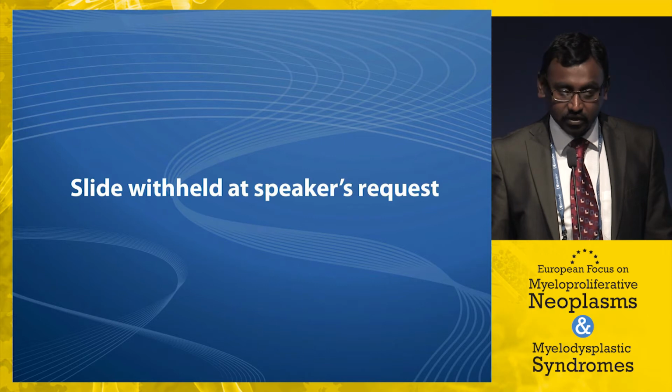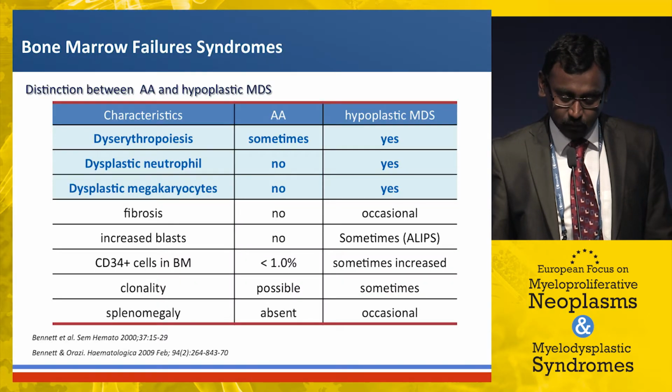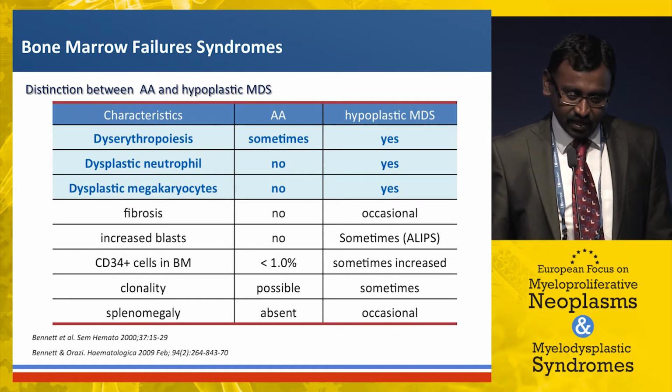That's due to ineffective erythropoiesis and hemopoiesis as well. So these are some of the distinctions you can make, because as you know, dyserythropoiesis doesn't mean dysplasia, because it's very commonly seen in aplastic anemia, more so if you have a PNH clone, and more so if they have an associated B12 or folate deficiency, while the rest of the ones I've gone through in the earlier slides as well.